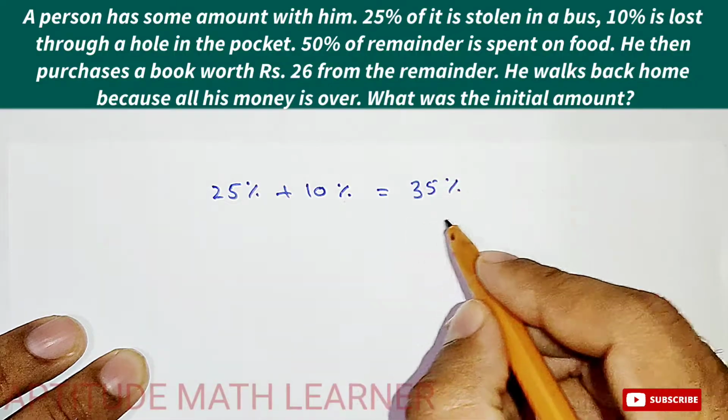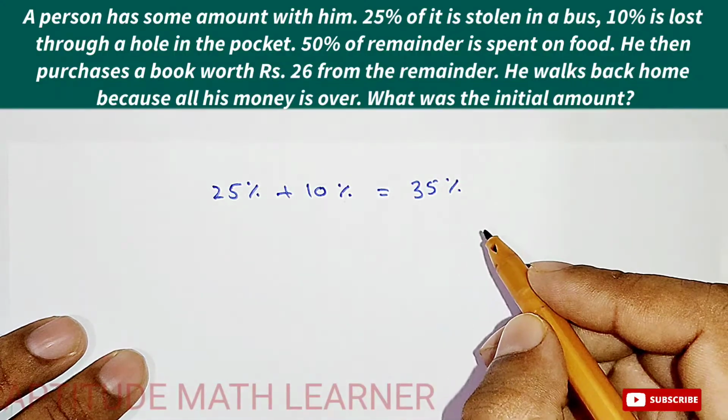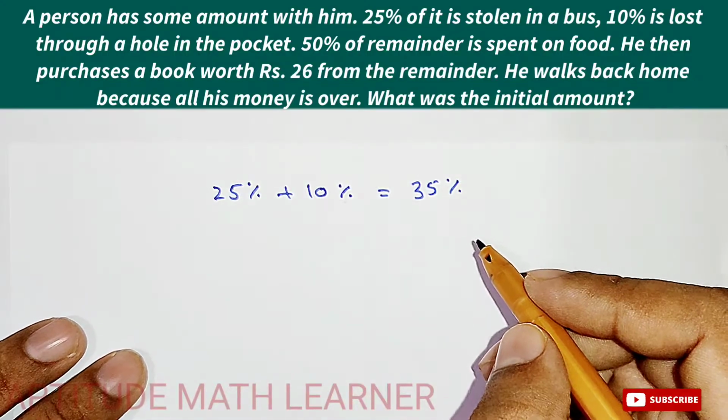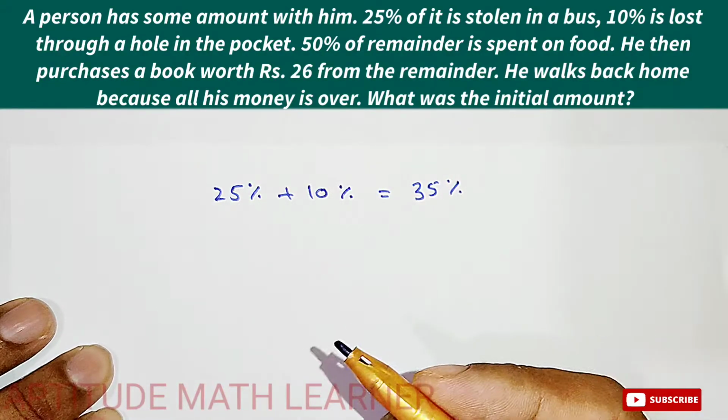So this becomes a total of 35% of his amount which is lost.